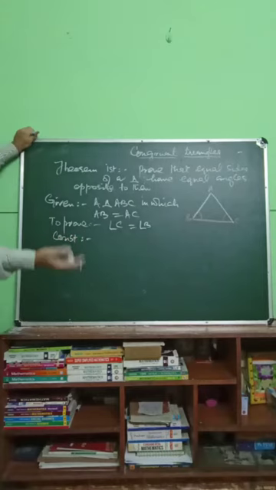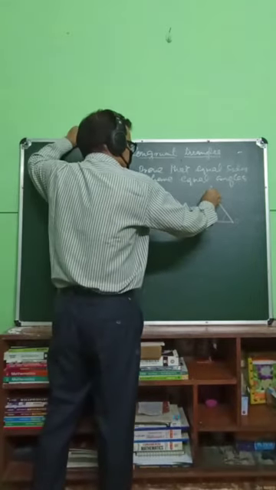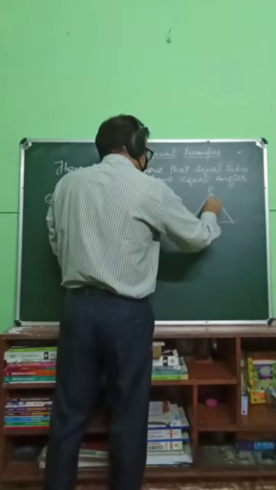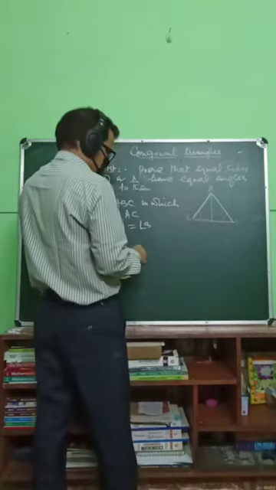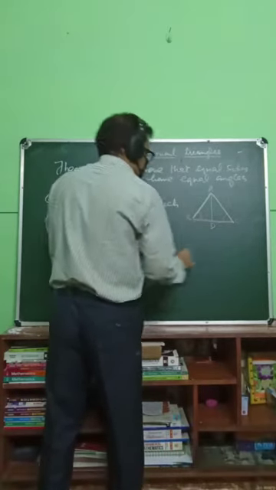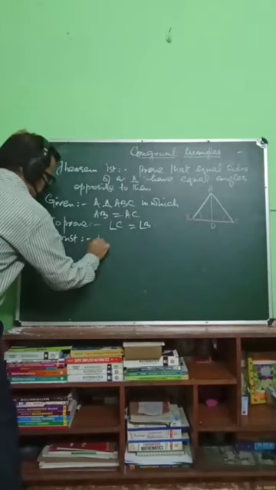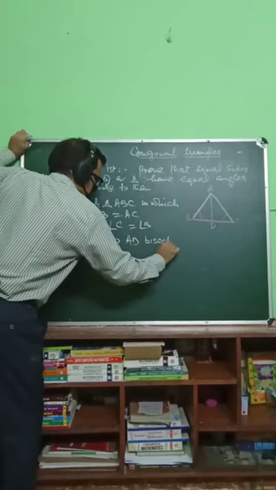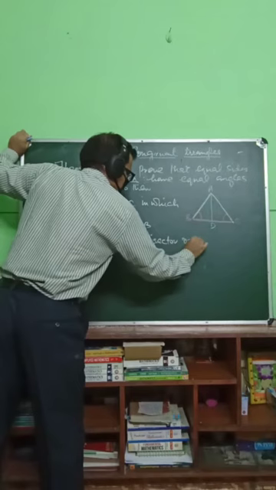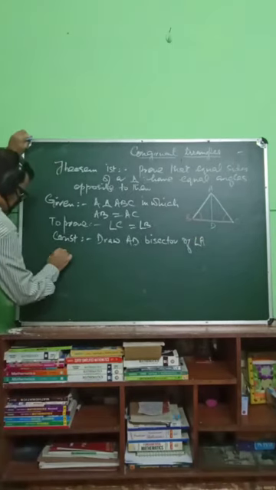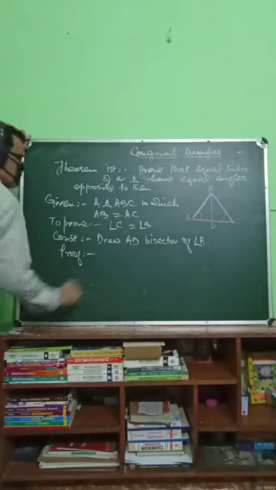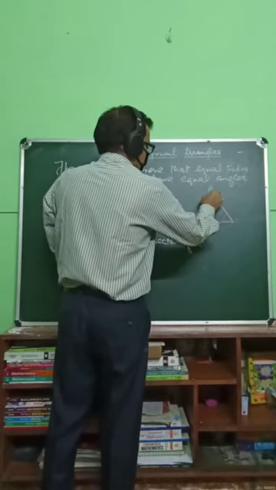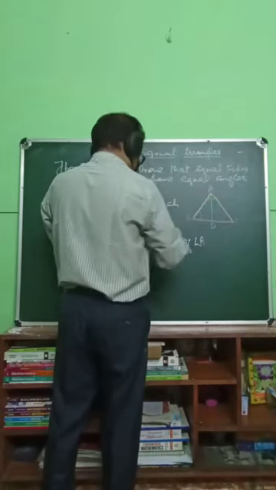is nothing, it is either paper folding or making, it is bisector. Let us draw the bisector AD, bisector of angle A. Draw AD, the bisector of angle A. If this is bisector of angle, this means angle 1 and angle 2 are equal.